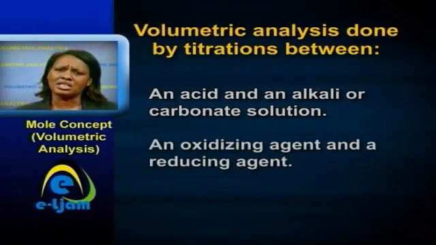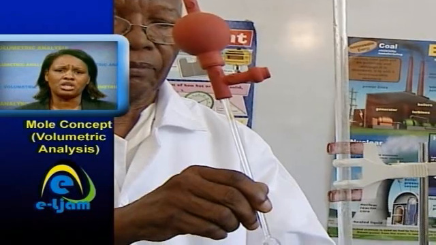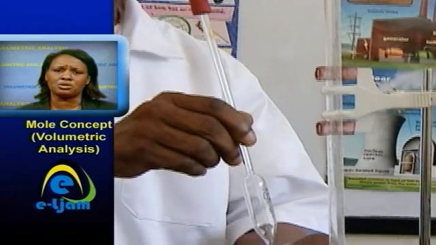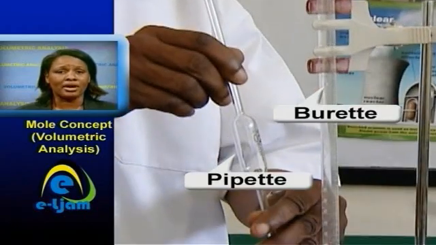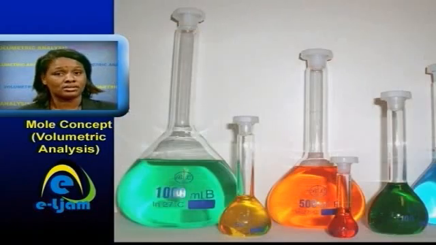For titrations between an oxidizing agent and a reducing agent, the endpoint is determined by a sudden color change in one of the reactants. The apparatus commonly used in volumetric analysis include a pipette, a burette, and volumetric flask.